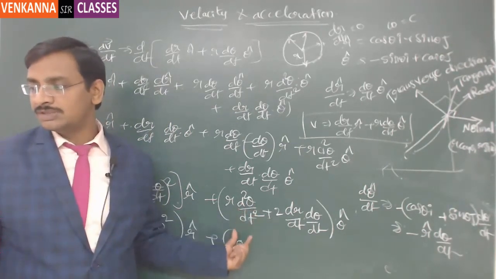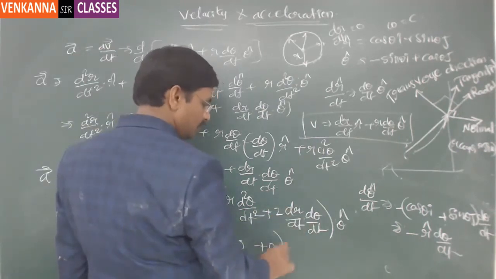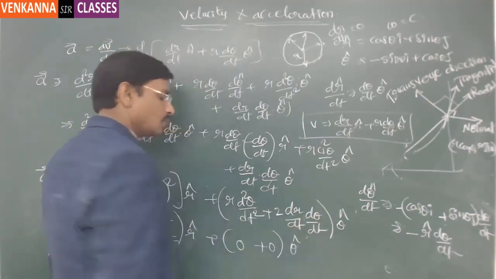Now d square theta by dt square is equal to 0, and dr by dt is anyway 0, plus 0. So in theta cap there is no acceleration.